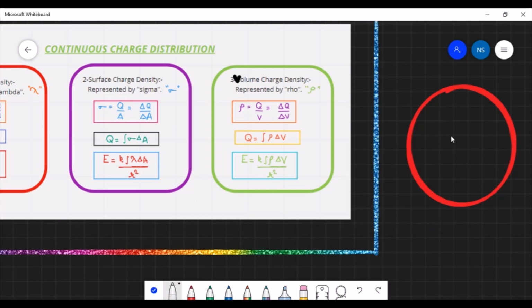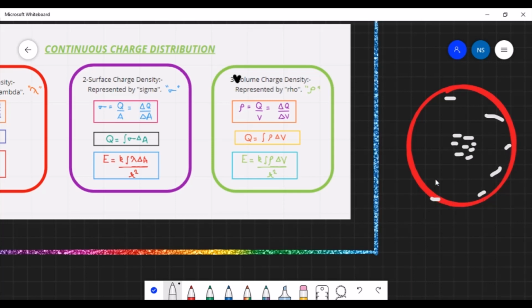If there are many charges, let's say minus charges, kept over here, then they will distribute all over the volume or surface. If it is a shell, then we can see it can be distributed symmetrically, or if it is a continuous sphere, then also it will distribute symmetrically all over.